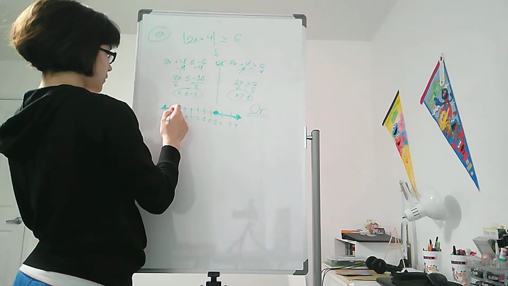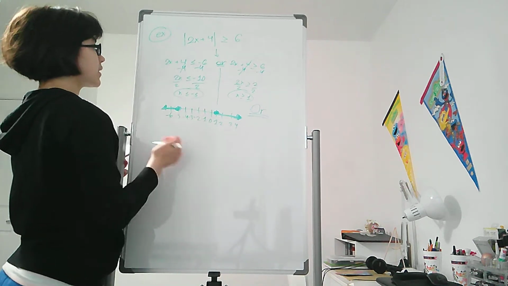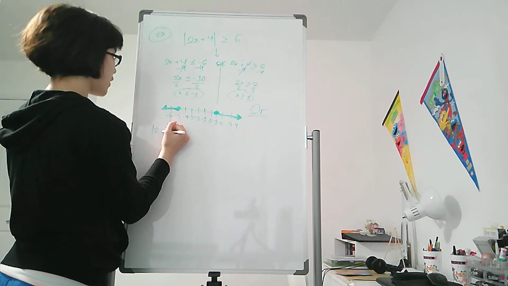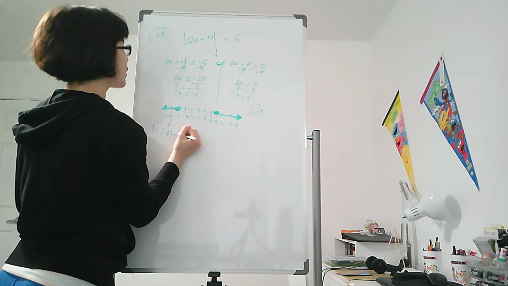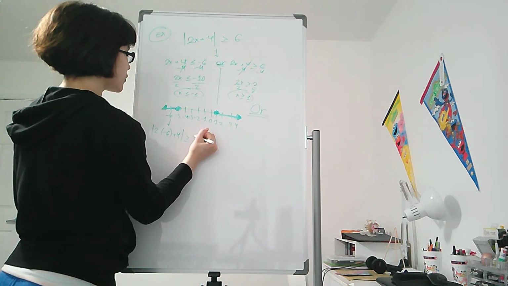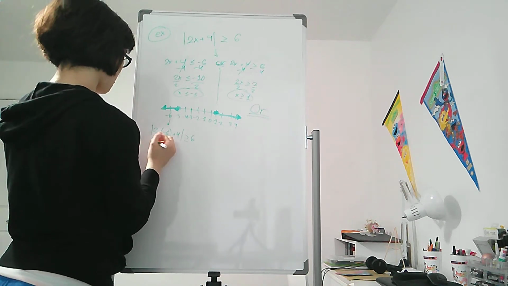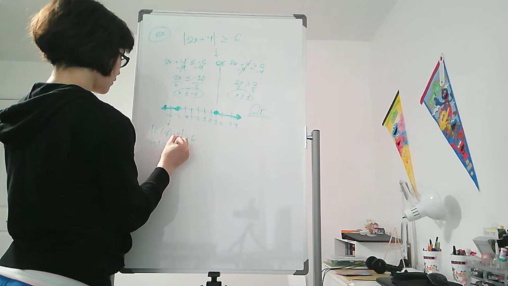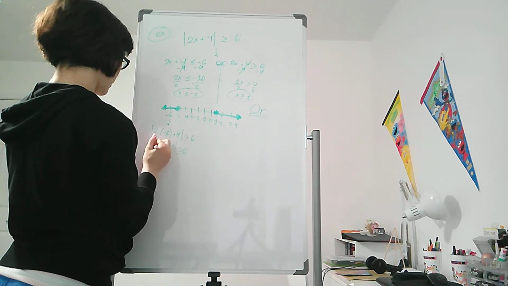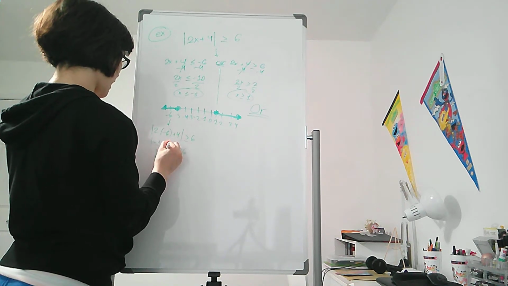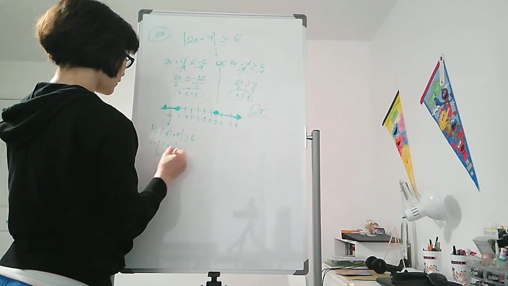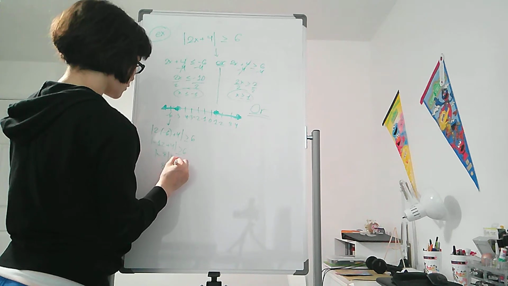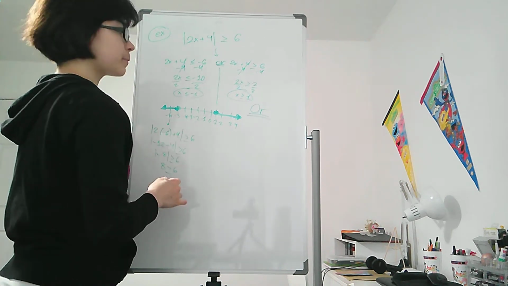So let's see. Let's say I pick something like negative 6. Does the absolute value of 2 times negative 6 plus 4 come out greater than or equal to 6? Well, negative 12 plus 4, and then we have negative 8. That is definitely greater than 6 because the absolute value of negative 8 is 8, and that's greater than 6.